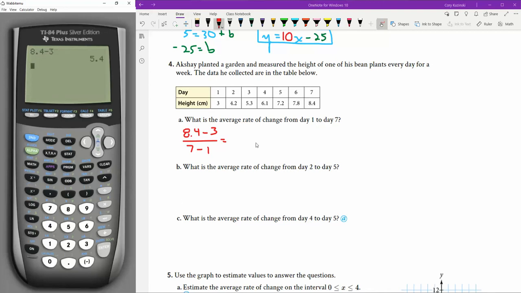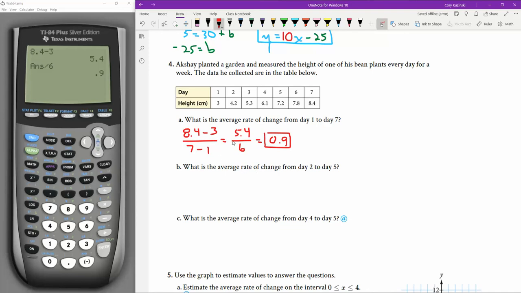Can't believe I just used a calculator to do that. 5.4 over 6. So the average rate of change would be 0.9. So over that 7 days, his plant was growing at a rate of 0.9 centimeters per day.